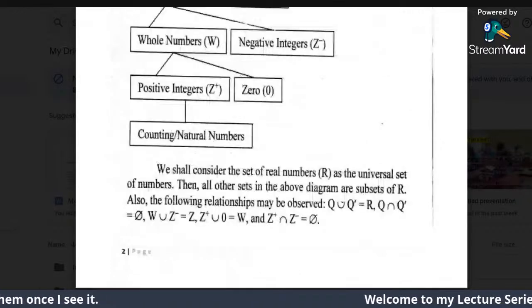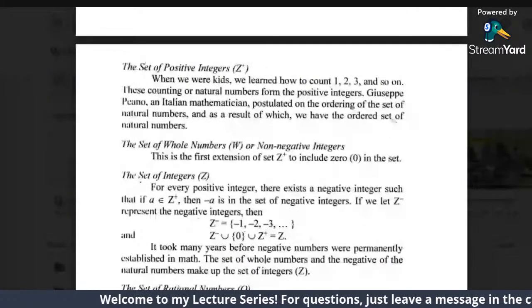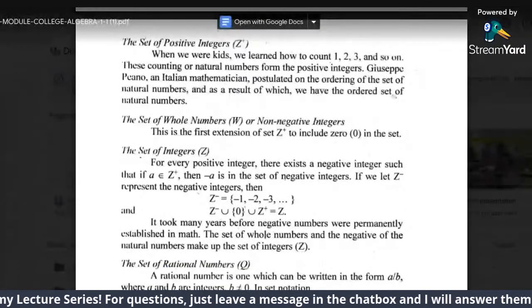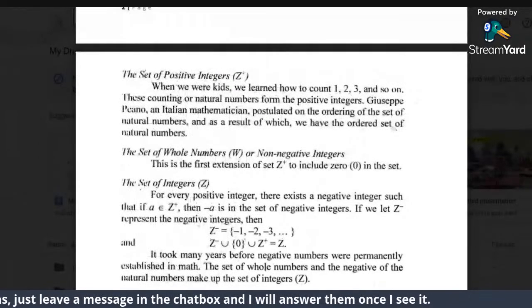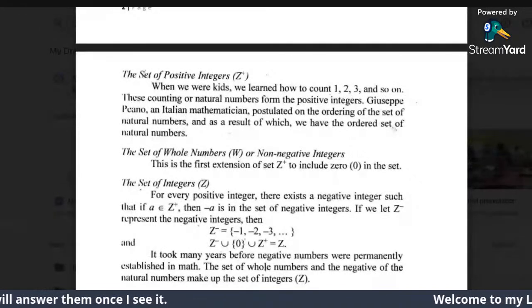Now let's discuss them one by one. We have here the set of positive integers Z plus. When we were kids, we learned how to count 1, 2, 3, and so on. These counting or natural numbers form the positive integers.